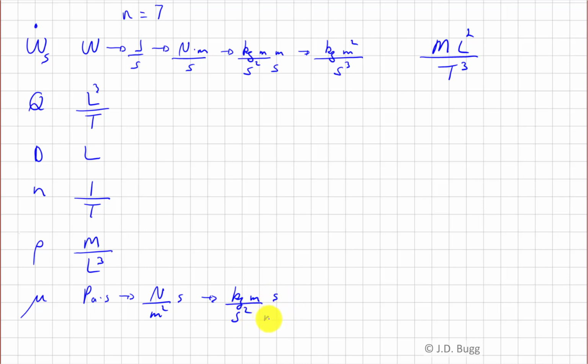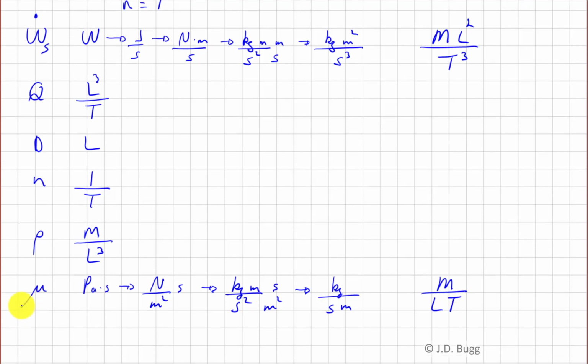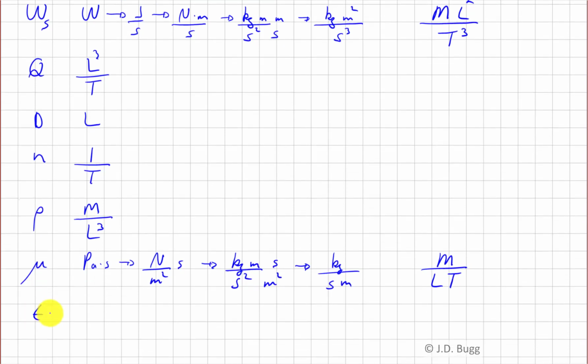Keep our seconds and meters squared here. Now we've got it in fundamental units. Just gather them together. So that will be kilograms over seconds and meters. So our fundamental dimensions then are M over LT. And then finally, the last one in our list is the roughness, and of course that's just a length.